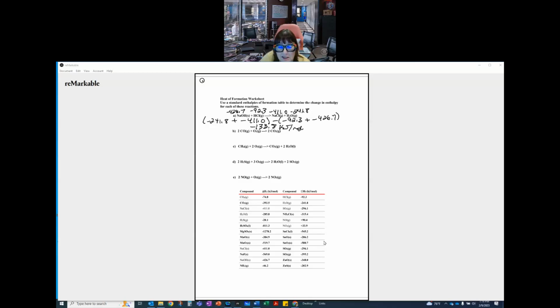I'll come back to that because I can't see anything. So CH4 gas, I see as negative 74.8. O2, of course, is 0. CO2, I see there is negative 393.5. And H2O liquid is negative 285.8.